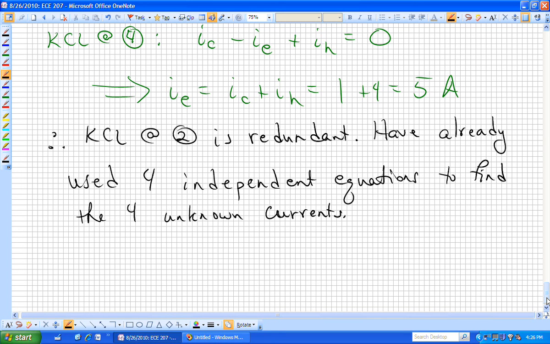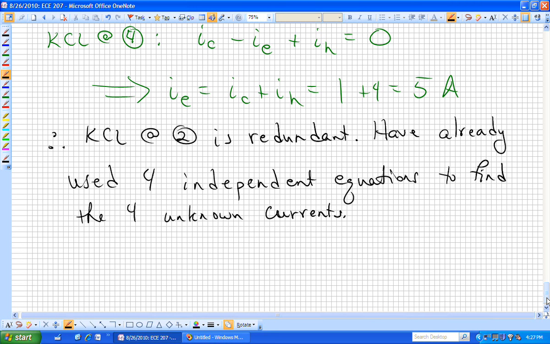And then when I looked at node 3, I called I sub A positive when it was going out of node 3, whereas I called I sub A positive when it was going into the node for node 1. Is that okay?